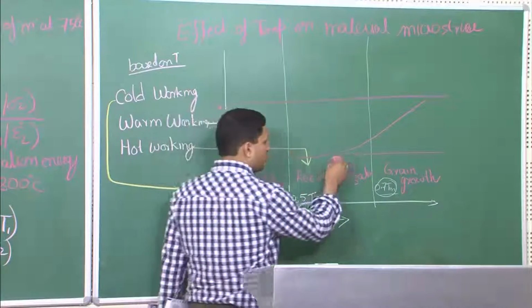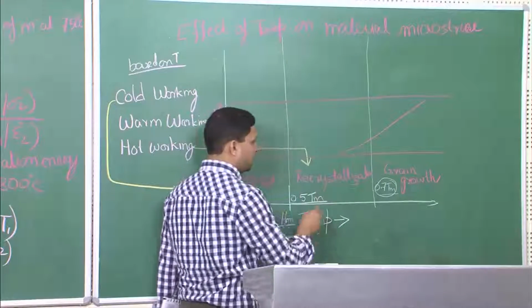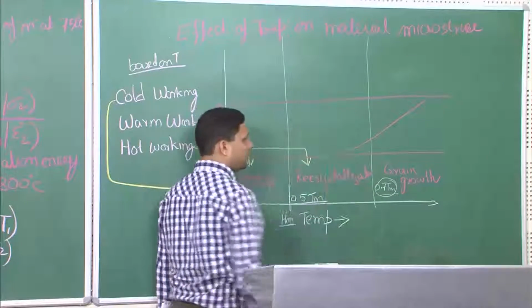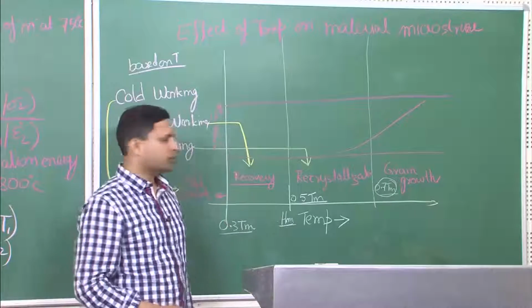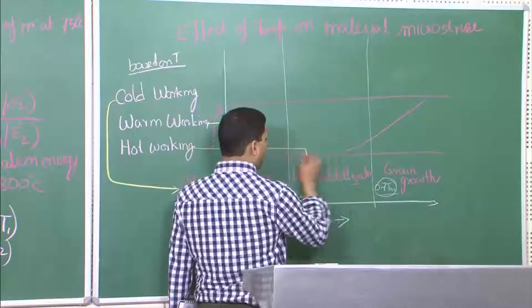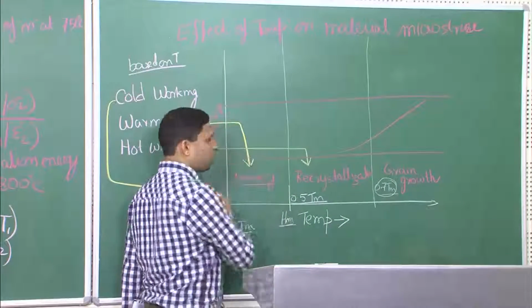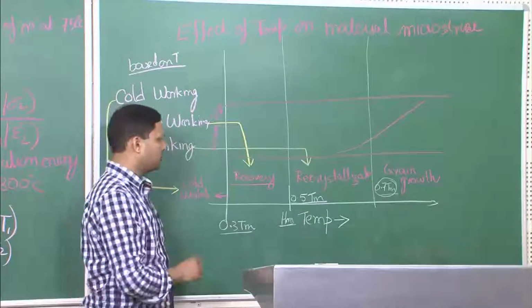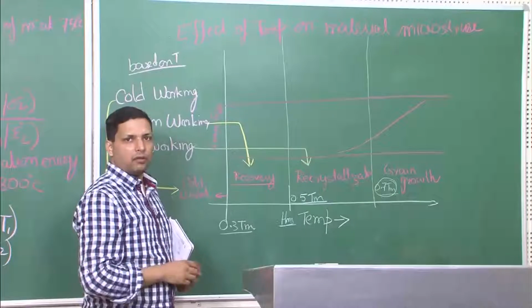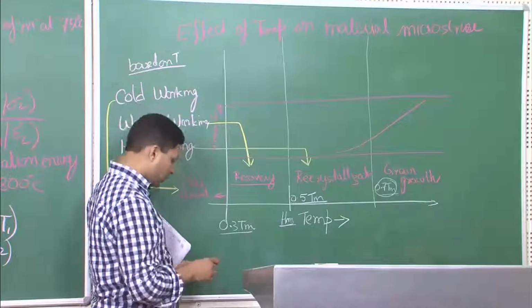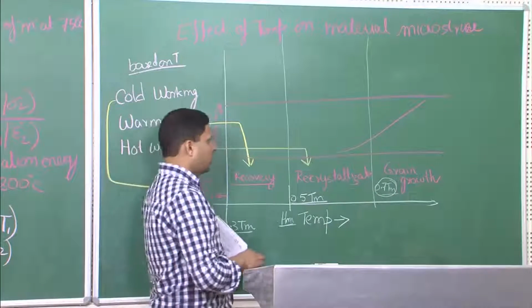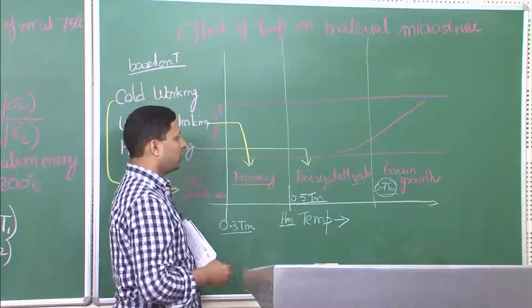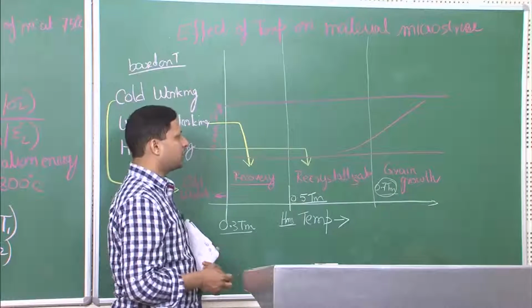Most of the grain size increase starts to take place from the recrystallization zone, and almost negligible changes in grain size will take place in the recovery or the cold work zone. So, this is our variation in grain size.